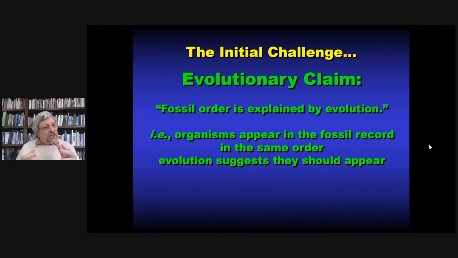You can do it from studying modern organisms and develop the likely evolutionary scheme that would have led to the organisms we see today. And then you can take that order and compare it with the fossil record. And the claim is that the order in the fossil record is, in fact, the same as evolution says it should be.